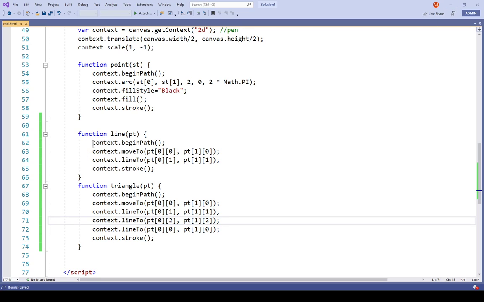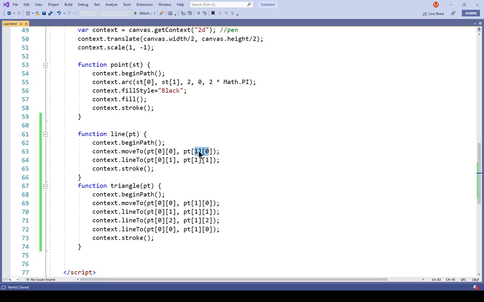So line basically, say context means pen. Pen, let's start drawing. First you move to this point. Your point, if you remember, is a two-dimensional array. So the first column contains your first point and the second column contains your second point. The first row, first column is your x coordinate, and the second row, first column is your y coordinate.